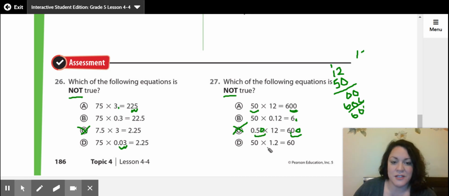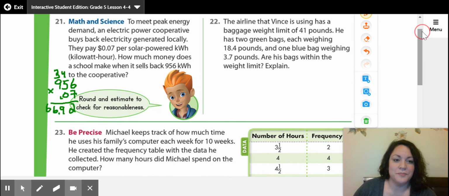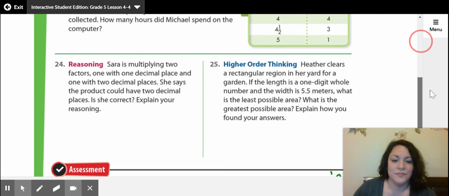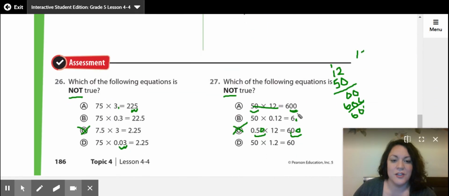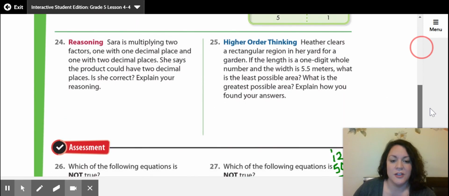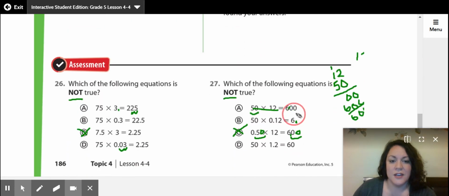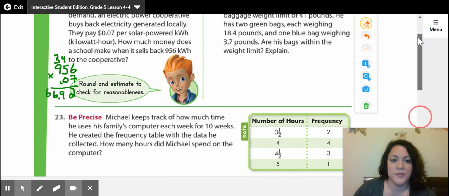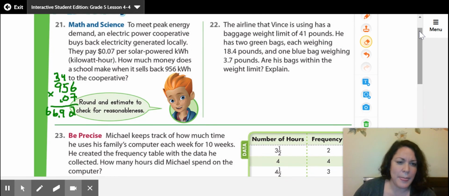Let's try this. 50 times 1.2. I won't erase it this time. Oops, I guess I will. So let me erase my first problem just so I can get a clean version of the right answer. 50 times 12 is 600. Okay, so now they want me to do 50 times 1.2. 50 and 1 and 2/10.